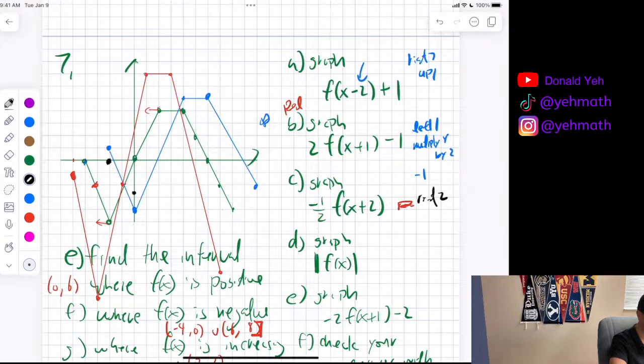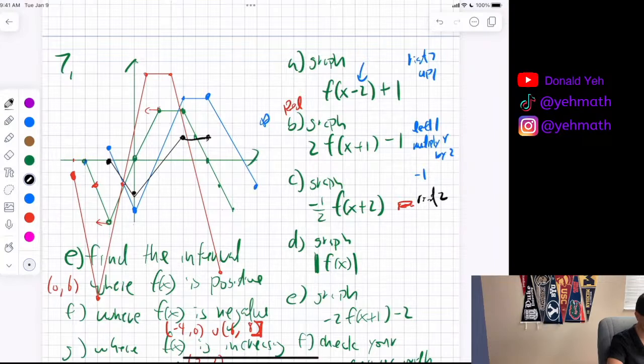So that's gonna be half, I think. This one is gonna move right 2, multiply by half. It's gonna be right here. And this is gonna be still the same thing. And the green one, move right 2 times half.